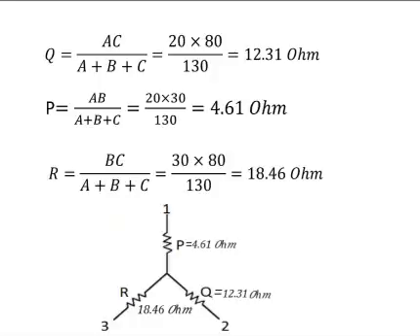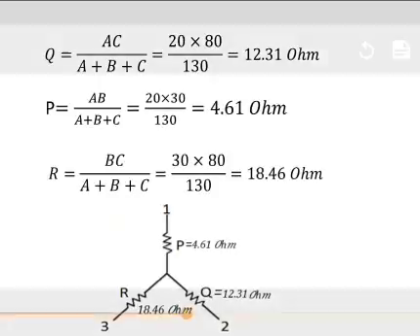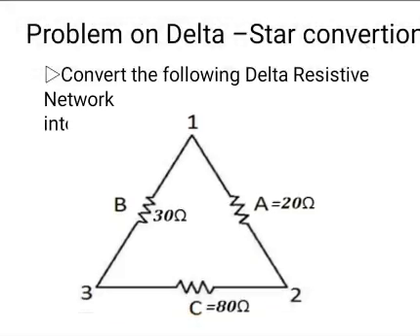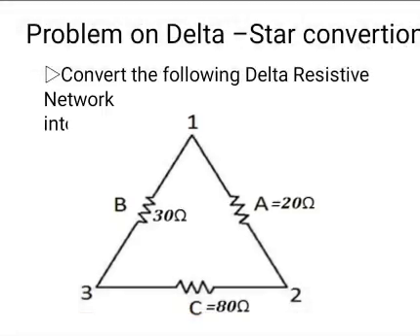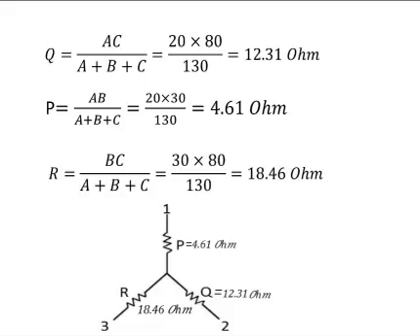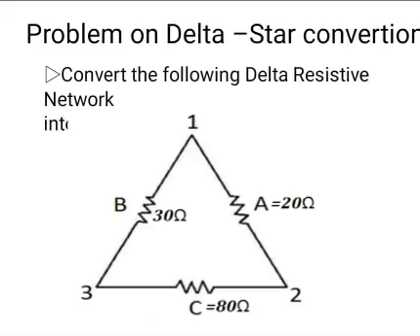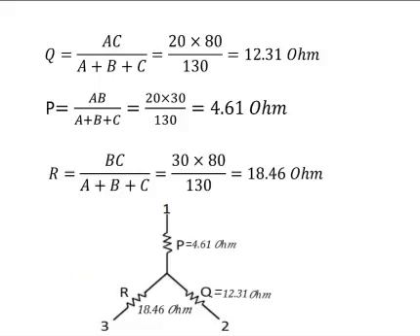Similarly, in the delta to star conversion, P equals AB divided by A plus B plus C, that is 20 into 30, B equals 30, divided by total resistance 130. Therefore, P equals 4.6 ohm.